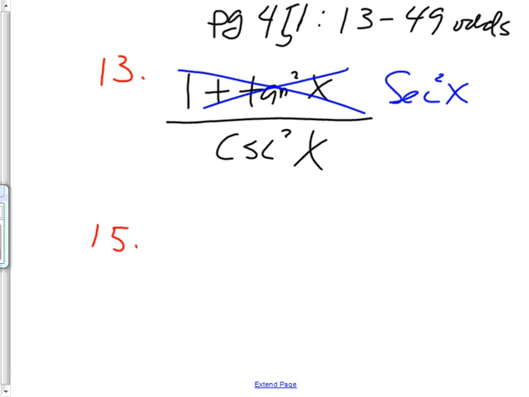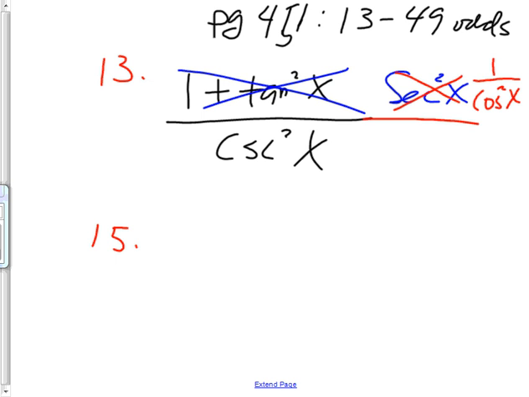Would you say that again? Yes, secant squared is 1 over cosine squared, and that'll help. Now, you're going to definitely want to use a pencil in these because you're going to try stuff and then it won't work, and then you'll try something else and it will work. So, all right, I'm going to replace the secant with 1 over cosine. Come on. Somebody make the... I know it's the same thing. That's the point.